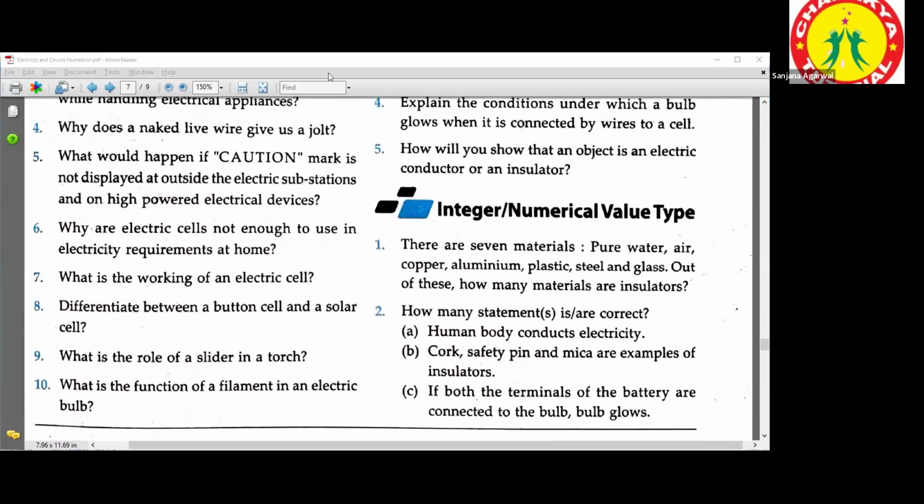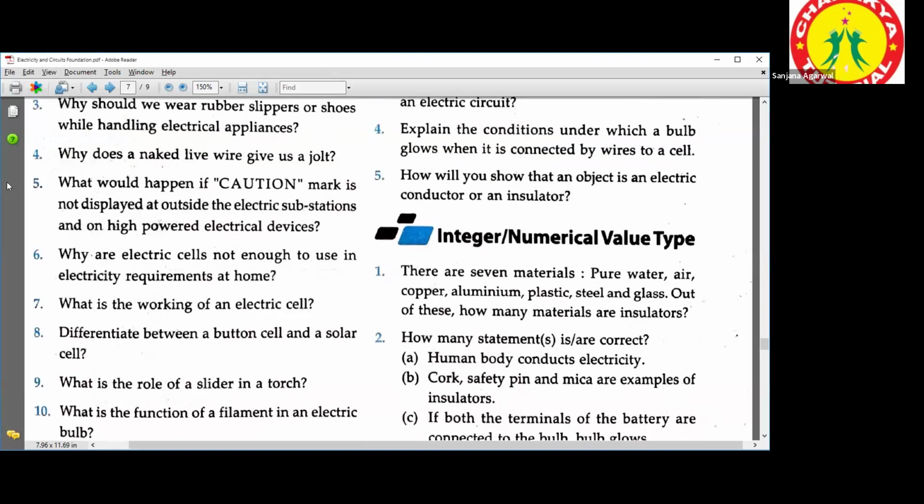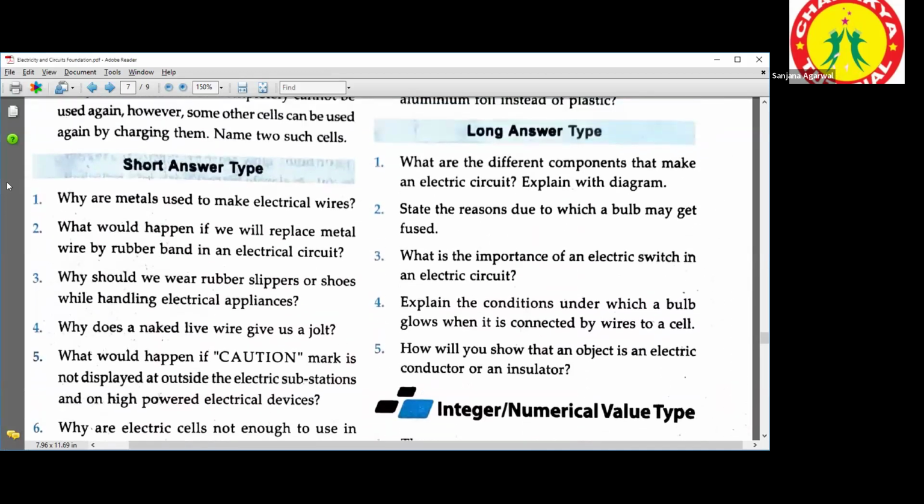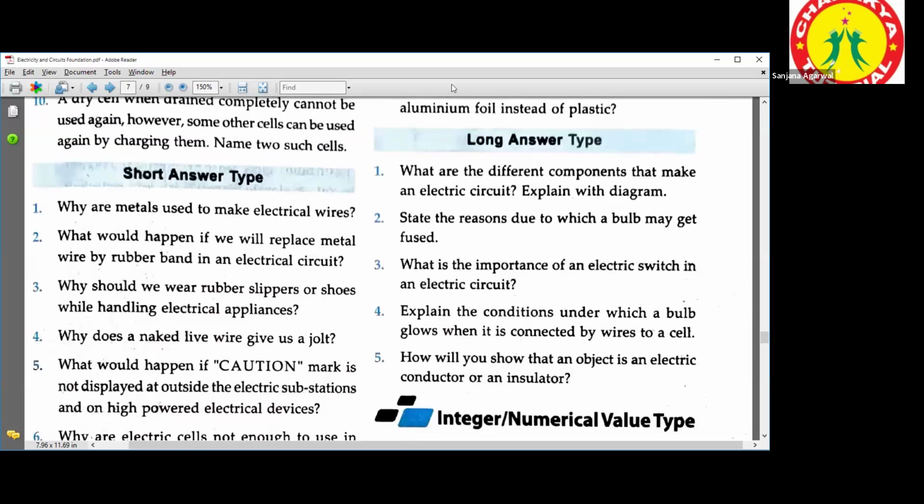Okay, Nishika. After this one. Long answer type second.